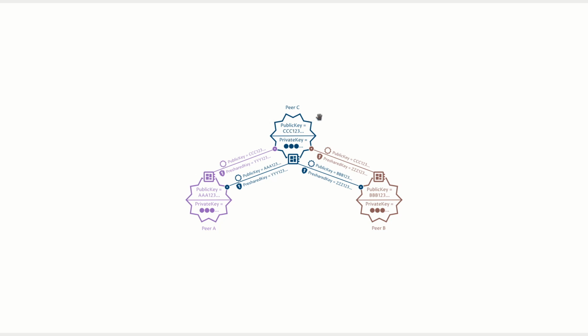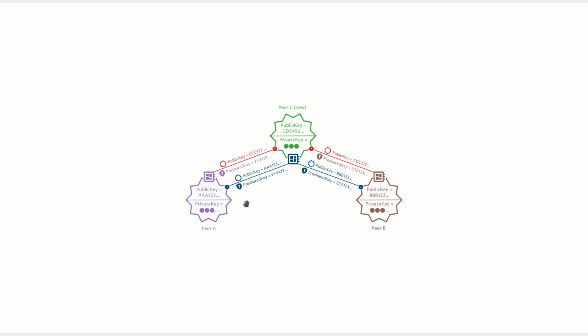So let's rotate that and change it so that the new key pair of peer C has the public key CDE456 blah blah blah and a new corresponding private key. So we've changed the private key used by this local interface on this host, but peer A and peer B are still using the old public key CCC123 blah blah blah. So we've just broken the connection between peer C and peer B and the connection between peer A and peer C.